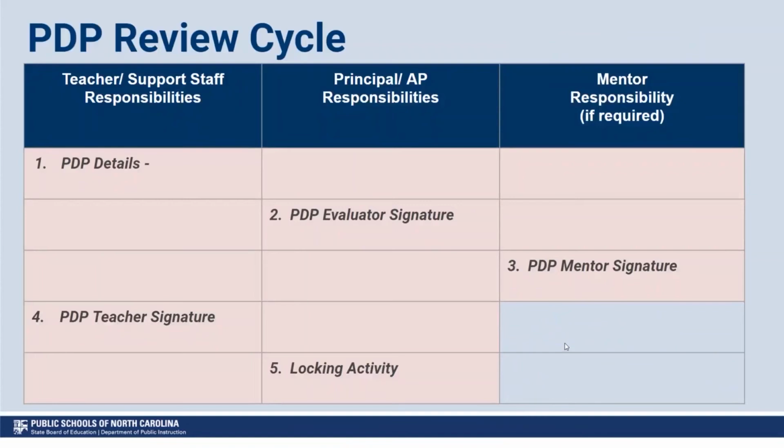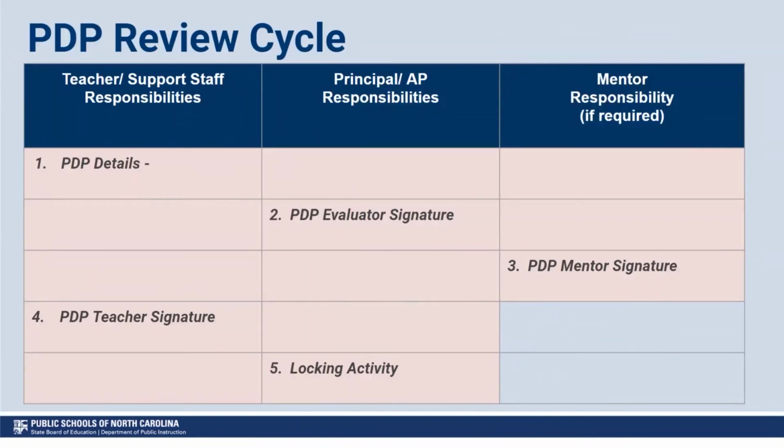The PDP cycle actually starts with your teacher or support staff. They must complete their PDP details, and this is for beginning of year, mid-year, end of year review. The teacher starts the process with completing PDP details. Then the evaluator reviews that and acknowledges and signs off. It goes to the mentor.